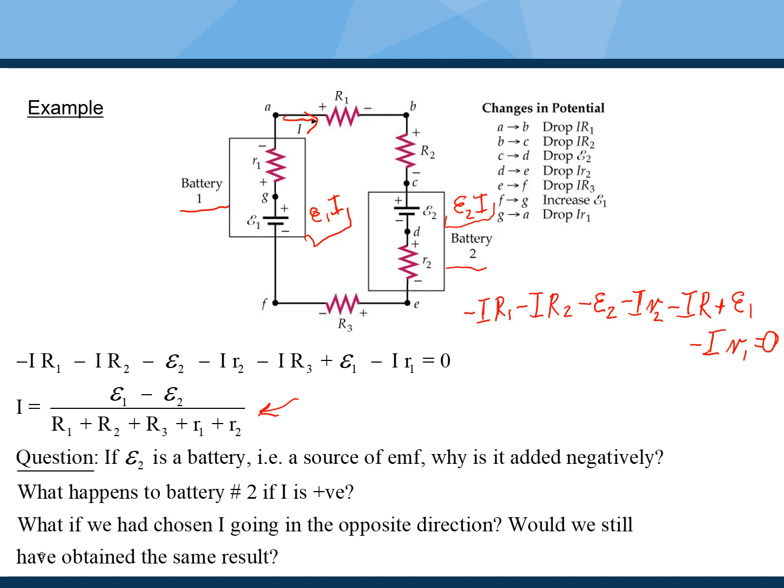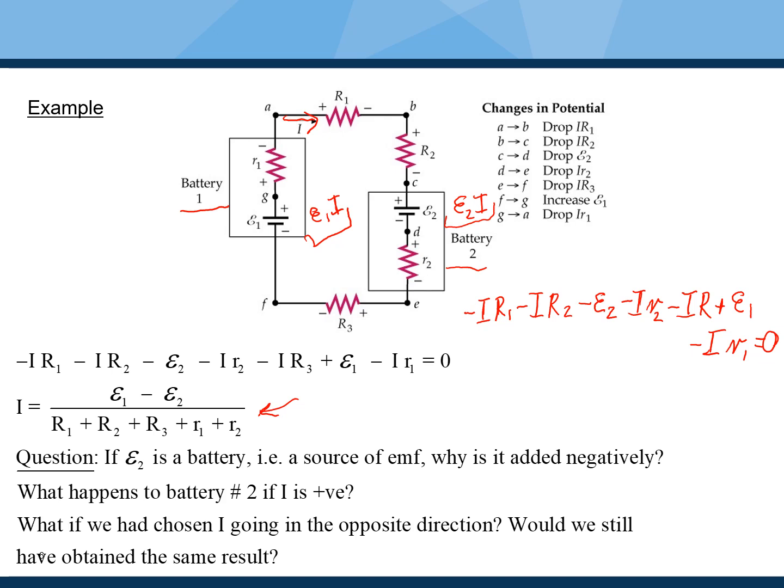And so we realize that E1 gives away power to the circuit. On the other hand, E2 actually absorbs power from the circuit. In other words, it sucks the power in. Now, if battery number 2 is a rechargeable battery, what you'll have is a situation where battery number 2 is getting recharged as the current flows in a clockwise direction in the circuit shown.